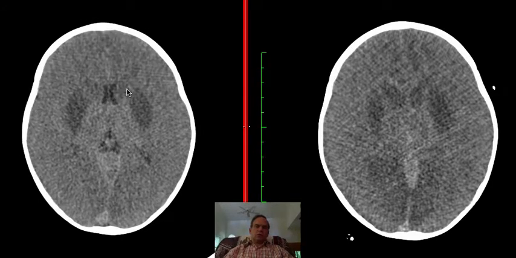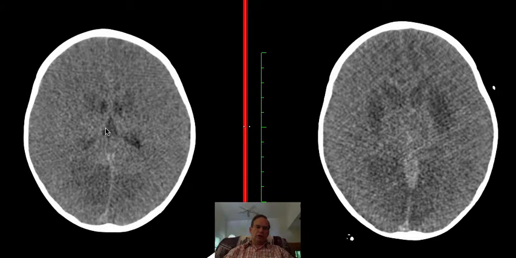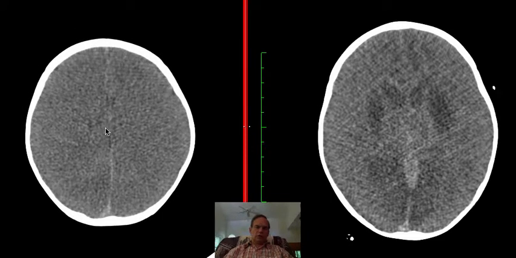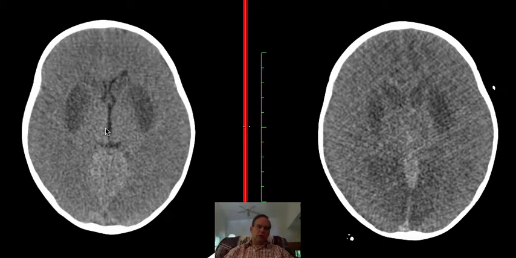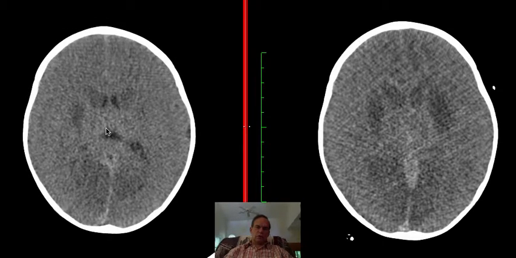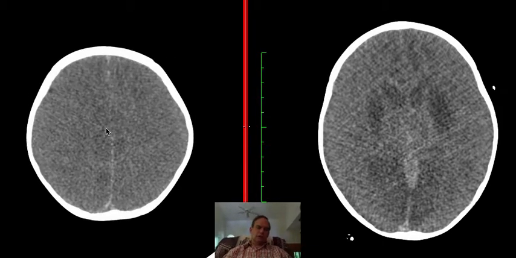So basically what we're seeing here is low attenuation abnormalities in the caudate, putamen, and globus pallidus, sparing the thalamus, and we also have somewhat of an arterial appearing distribution in a portion of the posterior cerebral artery territory.